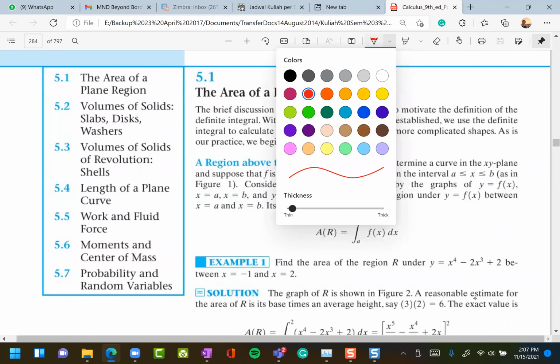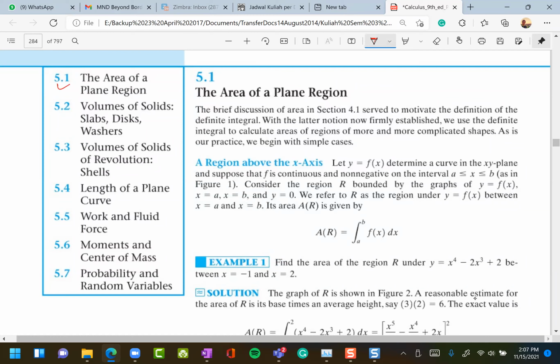Area, we covered that. Volume of solids: slabs, discs, washers. Solids of revolution, shells. And then we skip this one, the plane curve.